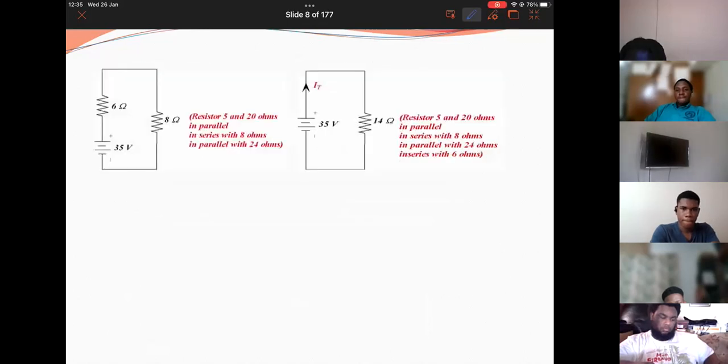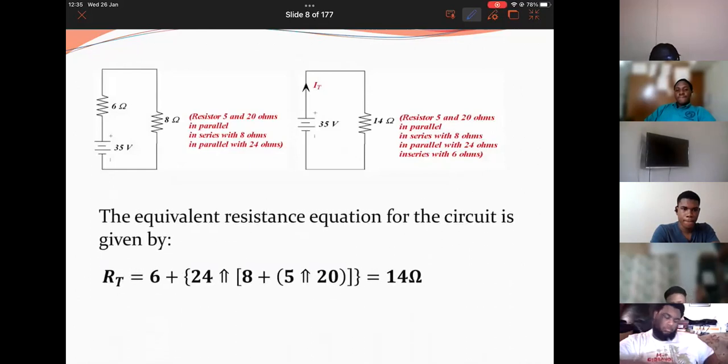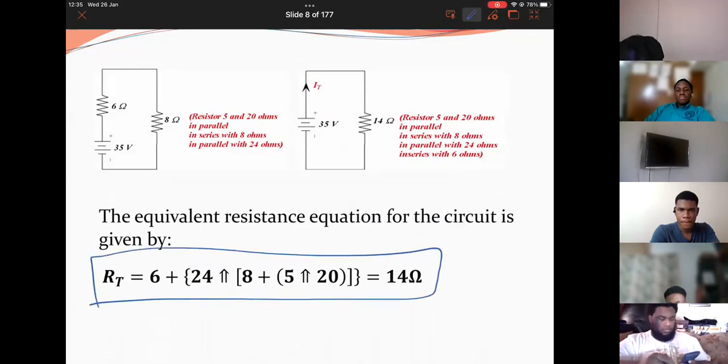And then 8 plus 6 to give us 14. So your total resistance is 14 ohms.